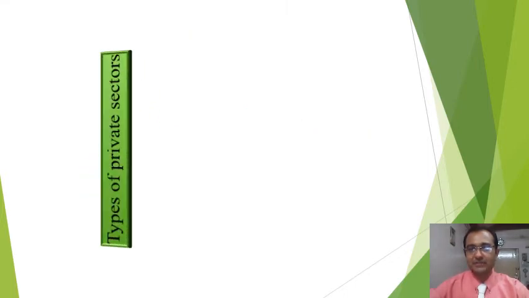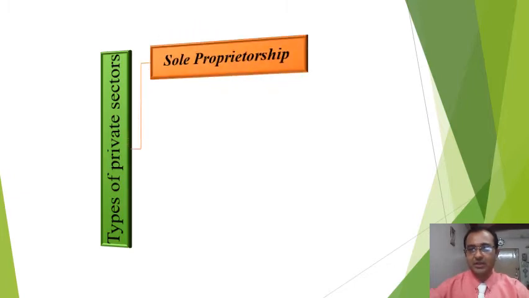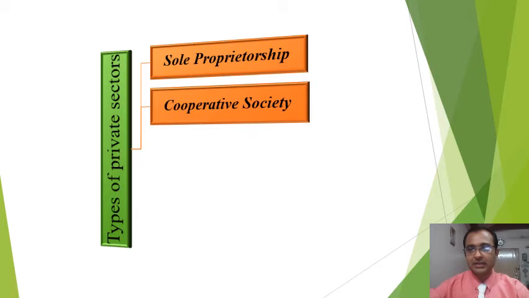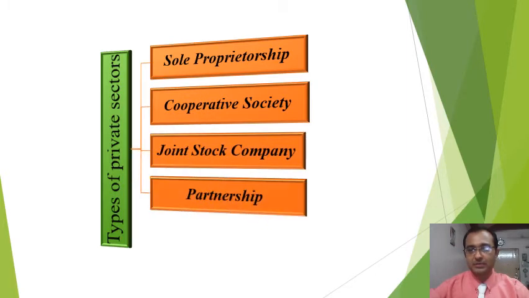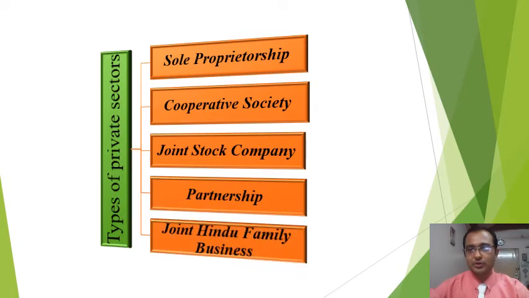Let's discuss the types of private sectors which you have already discussed in the previous chapter. First one, that is sole proprietorship. Second one, cooperative societies, joint stock companies, partnership, and joint Hindu family business.